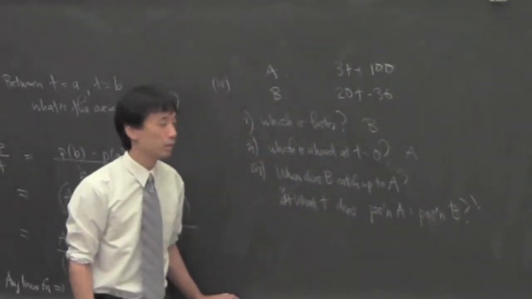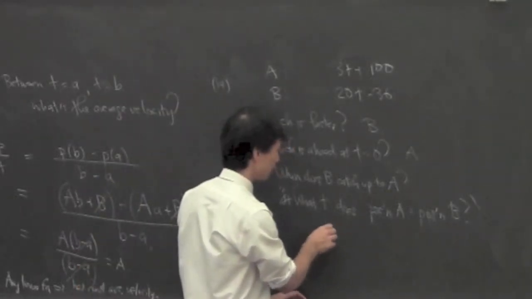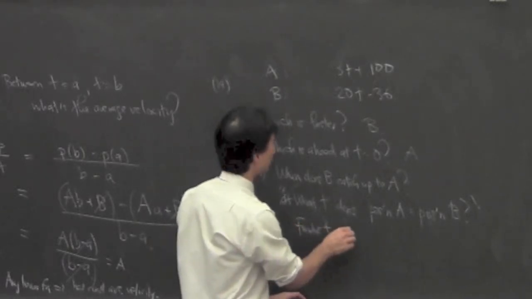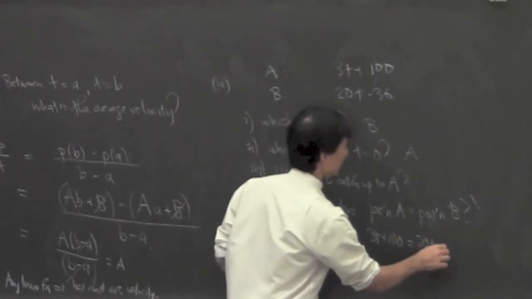That is, for what t is 3t plus 100 equal to 20t minus 36?